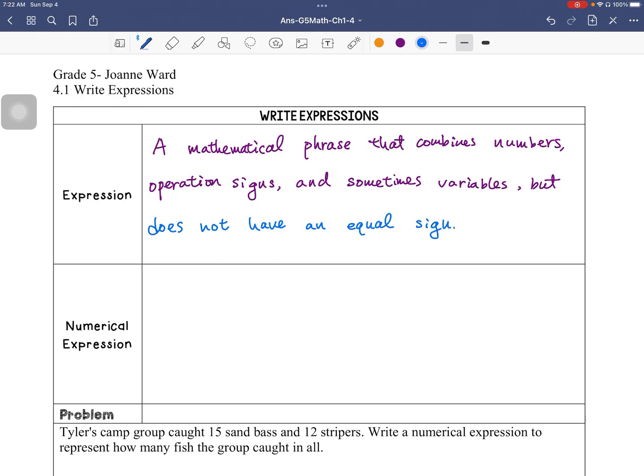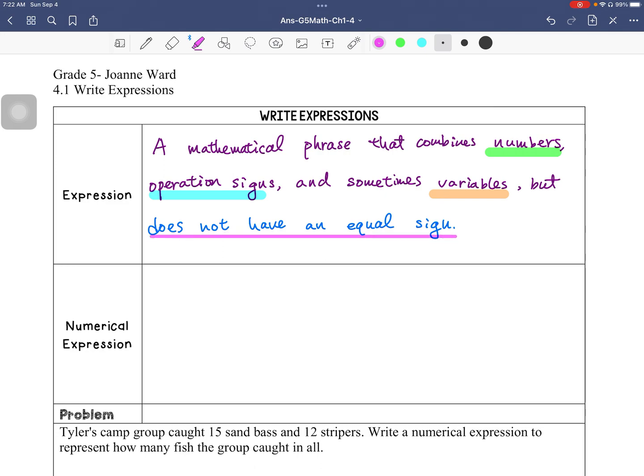So an expression is a mathematical phrase that combines numbers, operation signs, and sometimes variables, but does not have an equal sign. Does not have an equal sign.